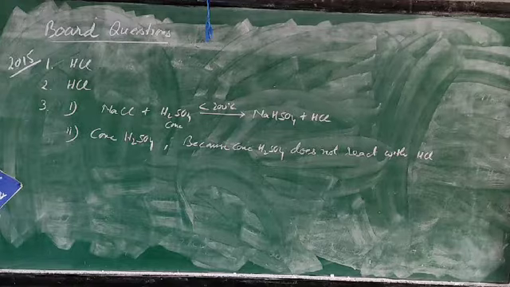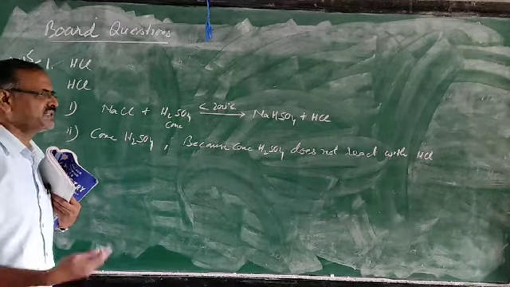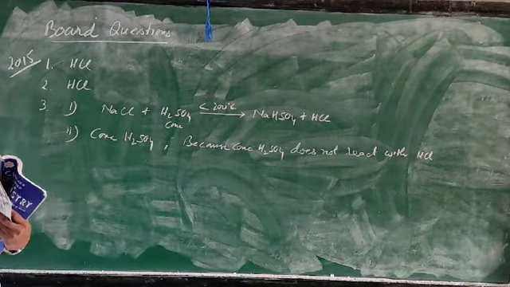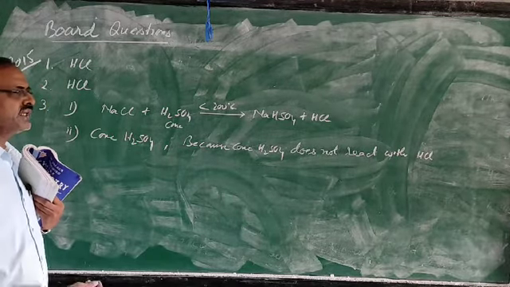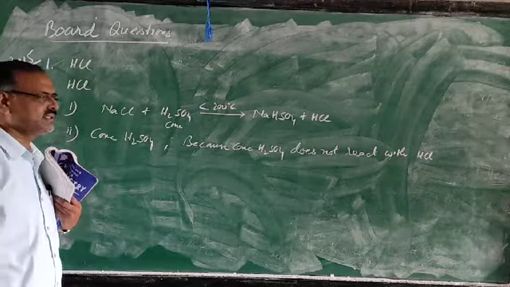And further, if you want, you can write that concentrated sulfuric acid has a strong affinity for water, so it can remove water molecules. So that's why it is used as a drying agent.